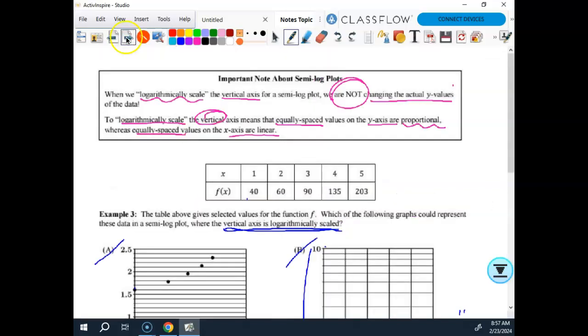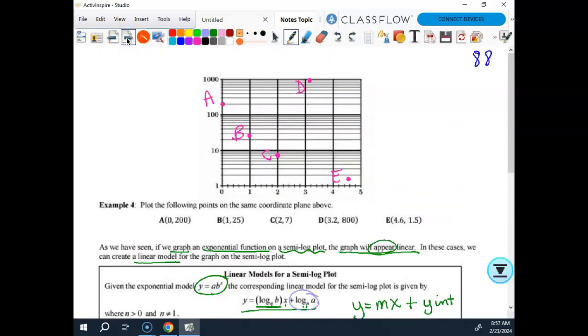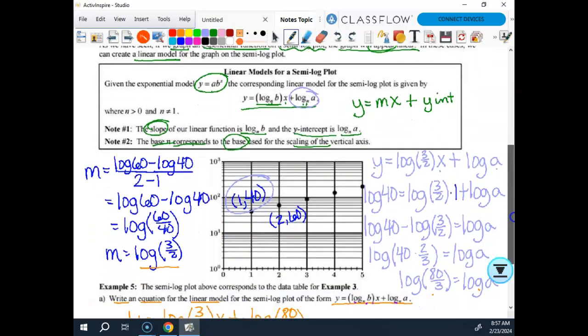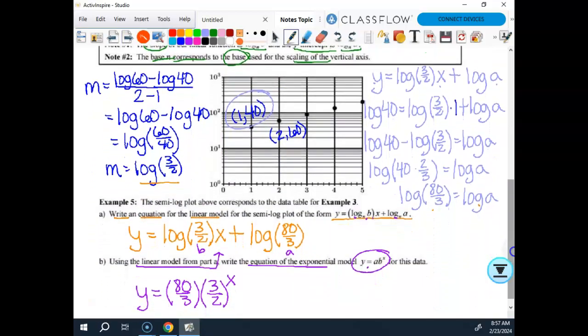Because the first thing we're going to revisit is this. Now remember, when you look at this, it looks horrific, right? But it wasn't that bad. It just looks bad because we got logs written all over the place. But what this was, was that we were finding a linear equation for this semilog plot that really represents an exponential function.